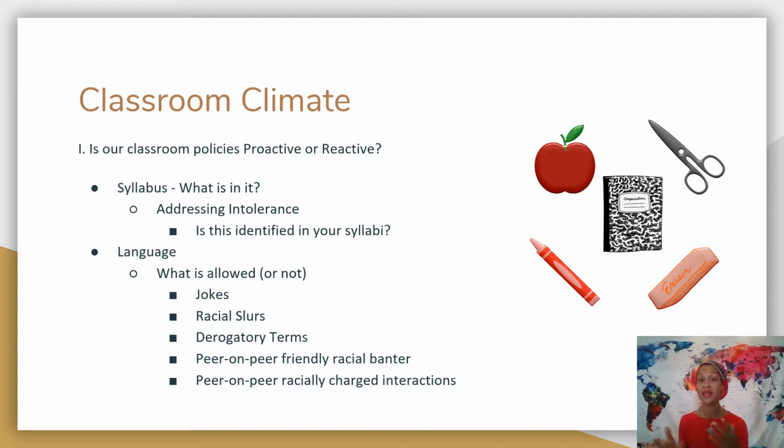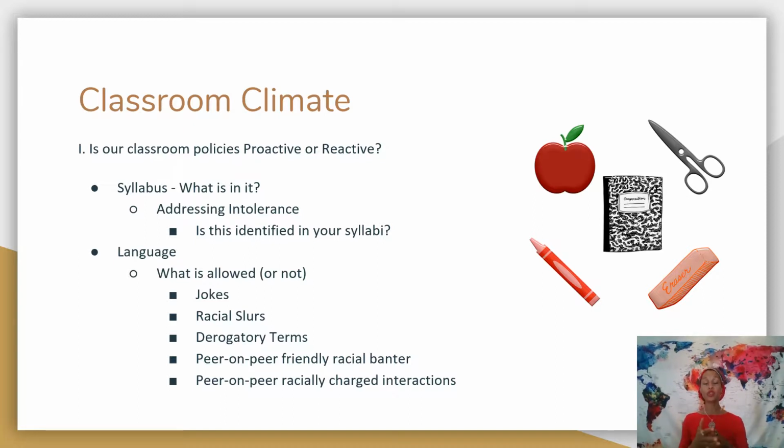Students are not allowed to say that to one another, no matter what connotation it is being said in, whether it is a term of endearment or they're just joking, regardless, they're not allowed to say it because it does open up the floodgates for something else to occur, which usually is on the negative side.